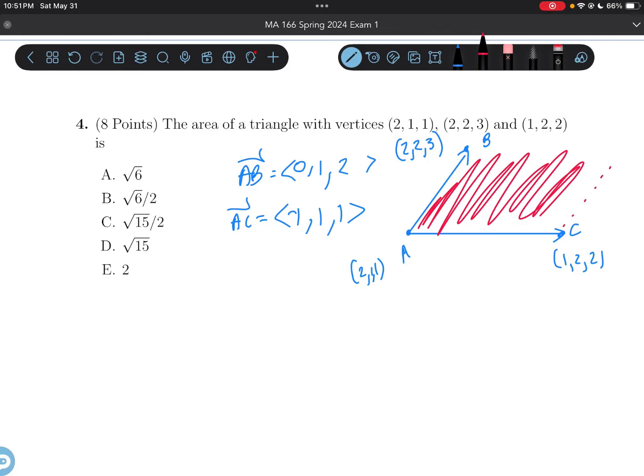That's the region that I just shaded. And they don't ask us for a parallelogram, they ask us for a triangle. However, the triangle is just half of the area of the parallelogram. So now all we have to do is find the cross product, and the magnitude of the cross product is equal to the area of the parallelogram.